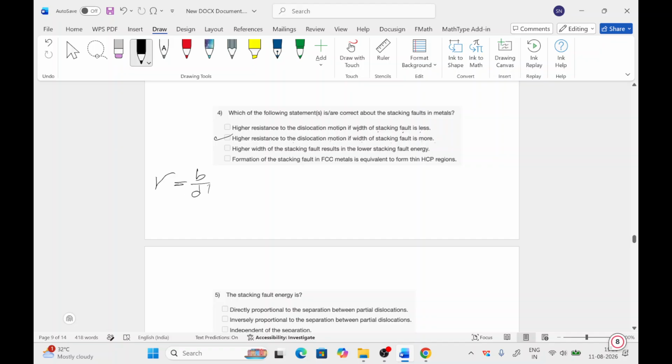As the dislocation width is high, energy is reduced. So we have to apply more stress to move that partial dislocation. Higher resistance is less if the width is more. First option is correct.